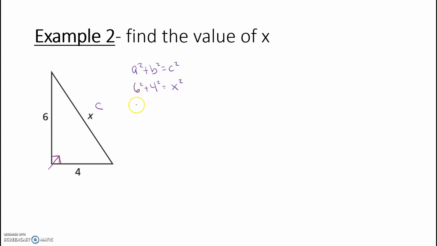Do a little algebra here. 6 times 6 is 36. 4 times 4 is 16. And then we're going to combine our like terms. So we have 36 plus 16 gets me 52. And remember, your last step is to take the square root of both sides.